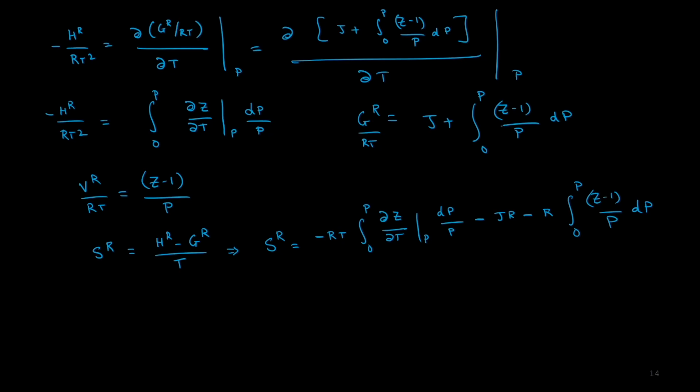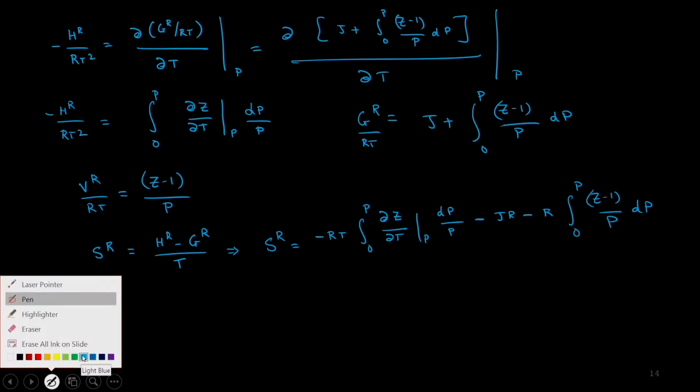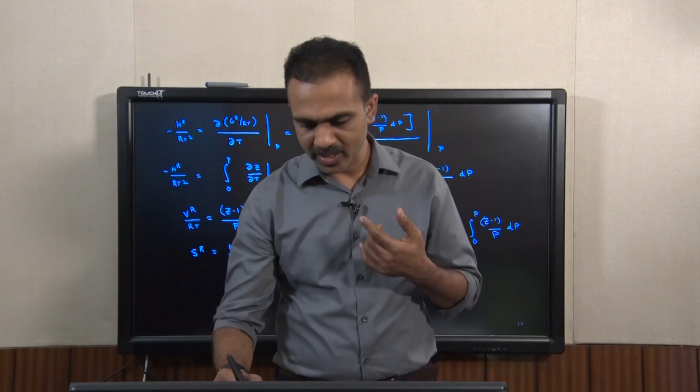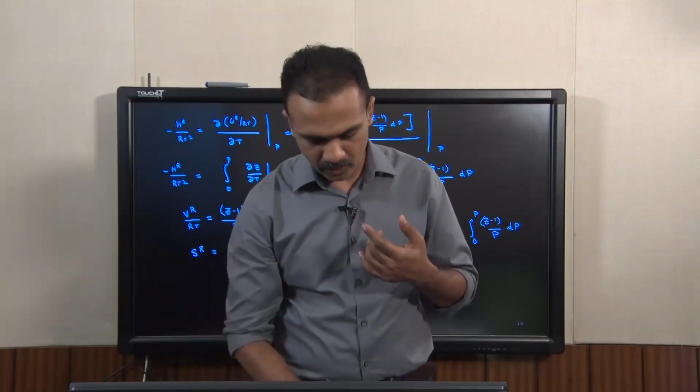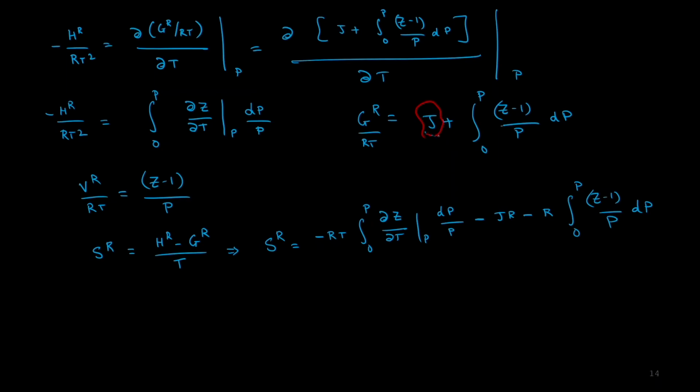So I can write SR also in terms of the compressibility factor. And finally, in most cases, what I'm interested in is not the absolute value, it is the change in the thermodynamic properties, delta H, delta G, delta V, delta S, etc. In such cases, especially for delta G and delta S, it is really immaterial what this value of J is going to be. Irrespective of what value I take, it's going to get cancelled when I take the difference because it is independent of temperature.